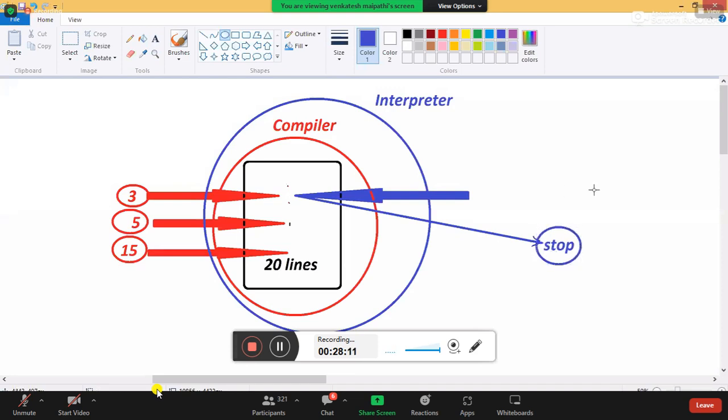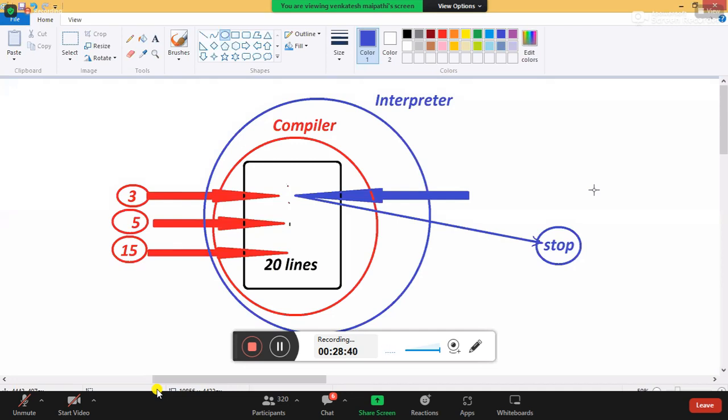I ask the interpreter: total 20 lines, only one error? The interpreter says, I don't know. How can you say you don't know? Interpreter says, line 1 I did, line 2 I did, line 3 I found an error, I came out. Why did you come out? If line 3 is correct, I'll go to line 4. If line 3 is not correct, I will not go to line 4. That's called an interpreter.